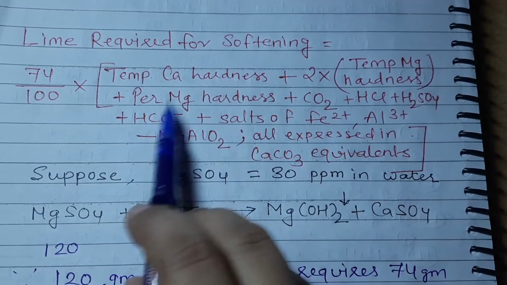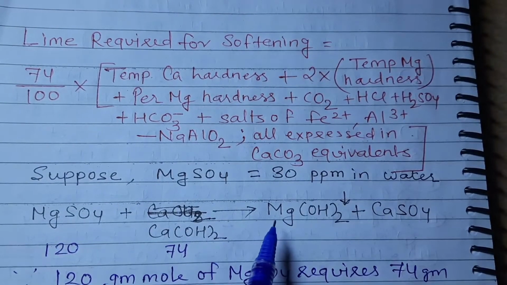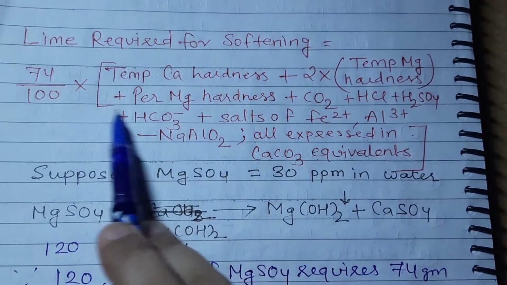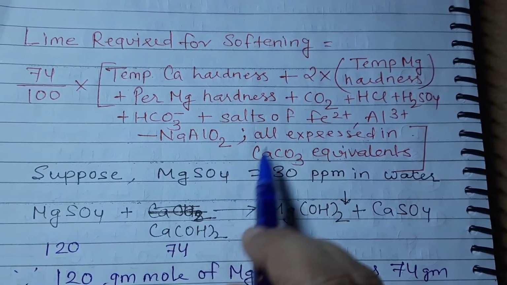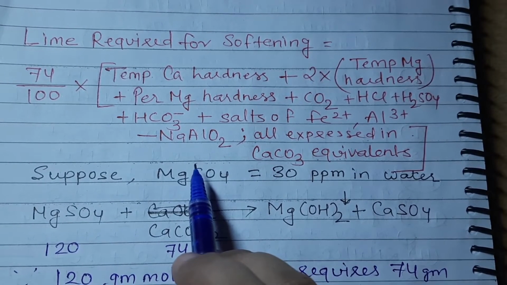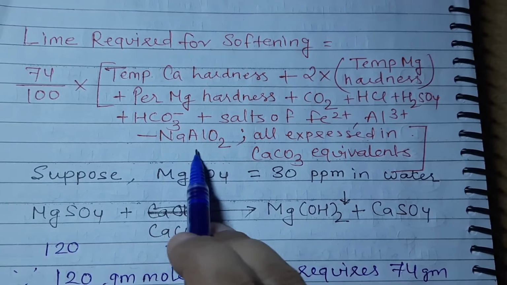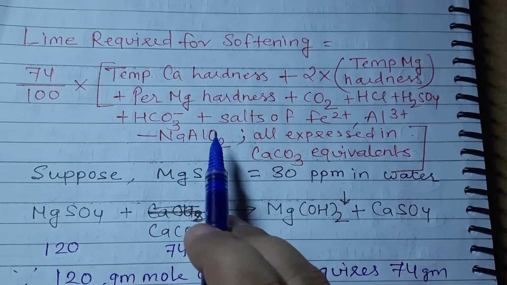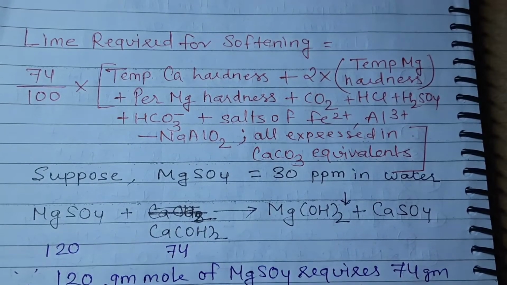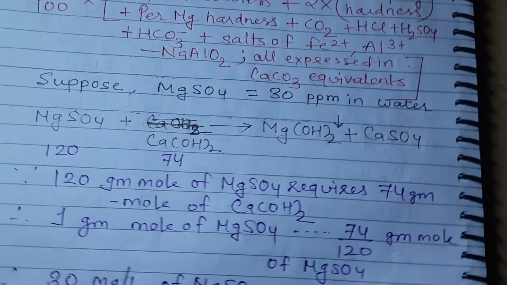Now these calculations are actually based on the balanced chemical reactions that we have studied in the earlier lecture. So in this manner we can derive this formula. All the details we have already discussed in the previous lecture, the minus NaAlO2, the plus HCO3 negative, and all the chemical reactions we have already studied. So this is the basic thing of how this formula was derived.